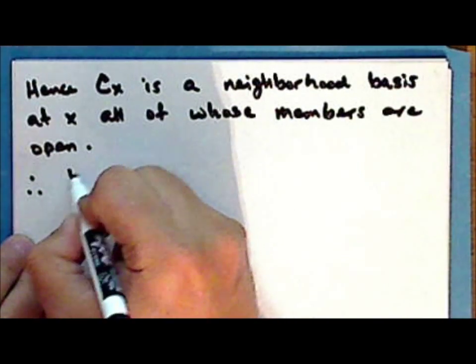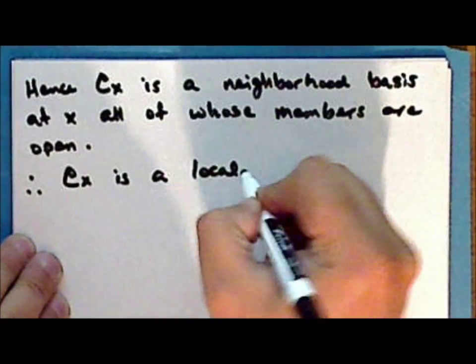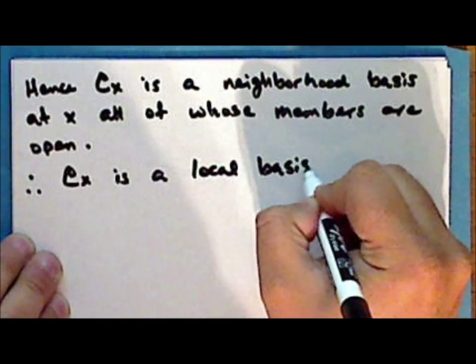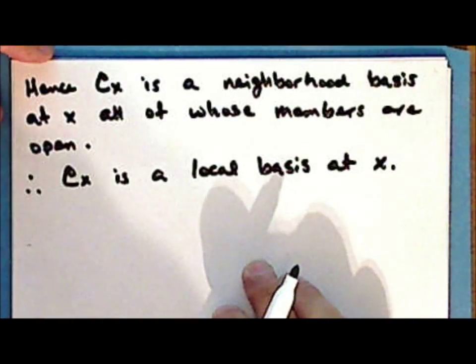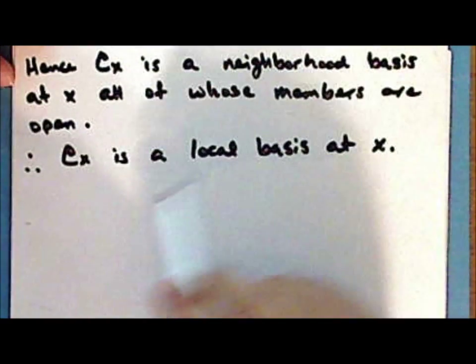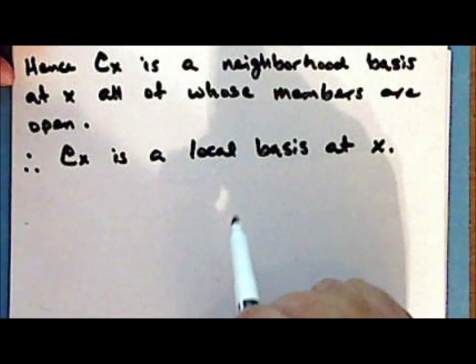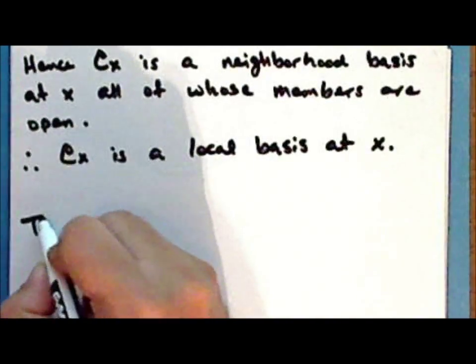And therefore the collection script C sub x is a local basis at the point x. So given a neighborhood basis at a point, we can easily construct a local basis at the point. Okay, so the second exercise we will also state as a theorem.